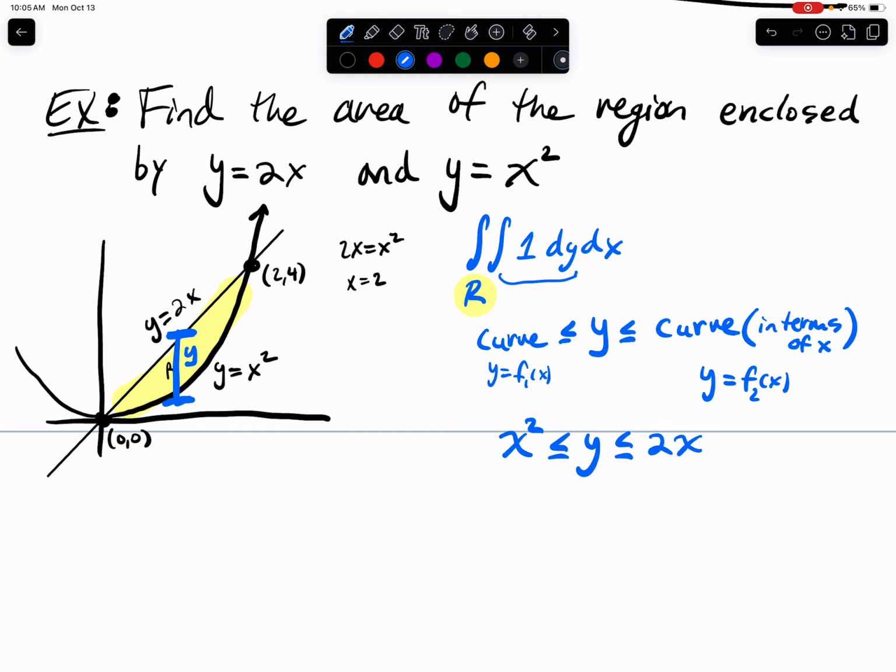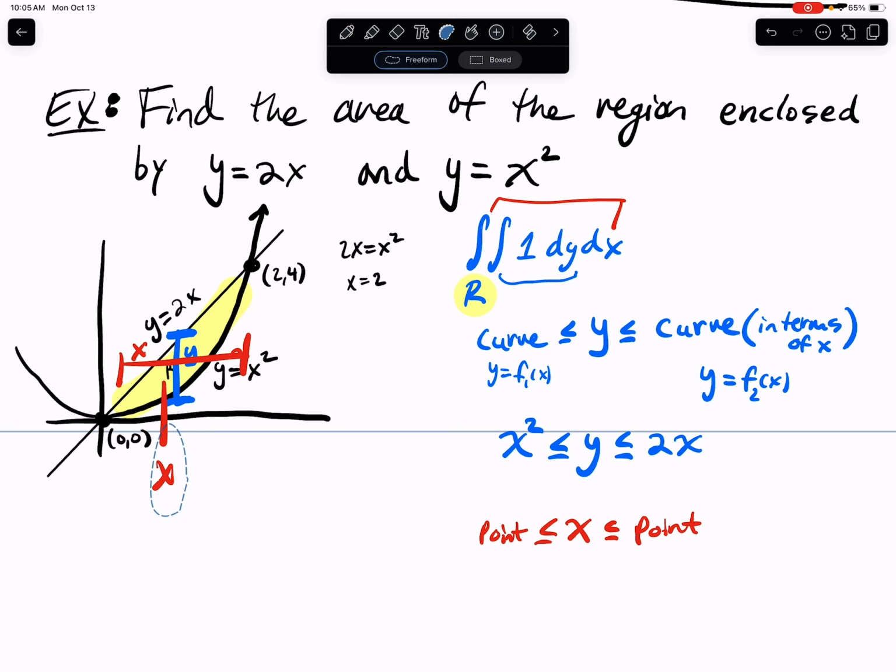So I go curve to curve, and then I go point to point. My x value is stuck from point to point. What is the lowest x value that I attain? The lowest x is going to be at 0, and I get all the way up to the biggest x, which is 2.